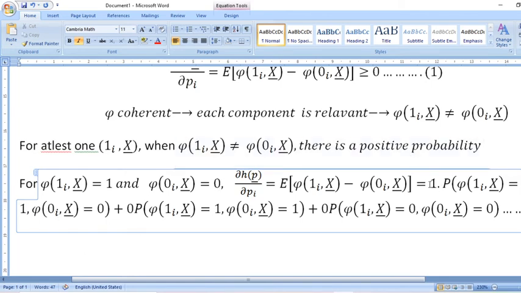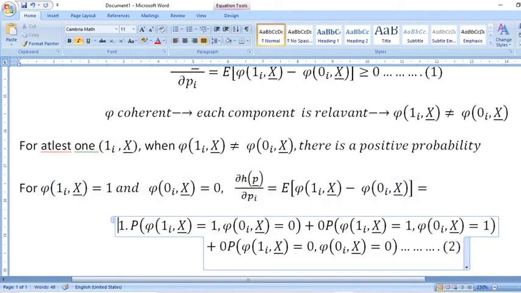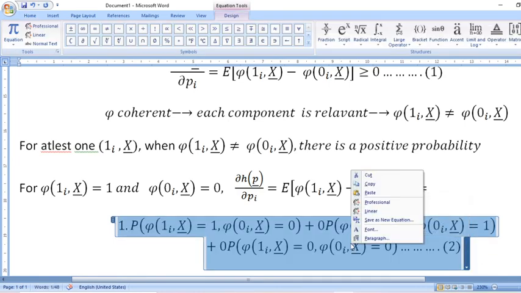So that will be 1 into probability of phi of 1 I comma x equal to 1 and phi of 0 I comma x equal to 0. So the difference is 1, plus 0 into probability of the other cases. So there are 3 possibilities. In this case we can remove the 0 terms.